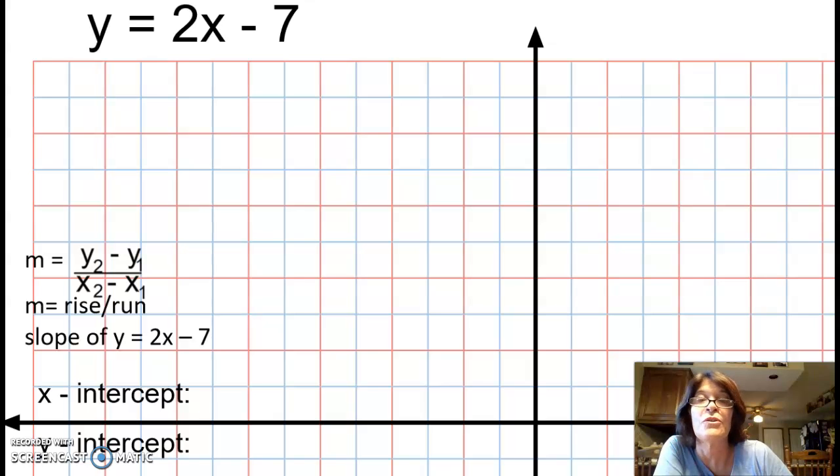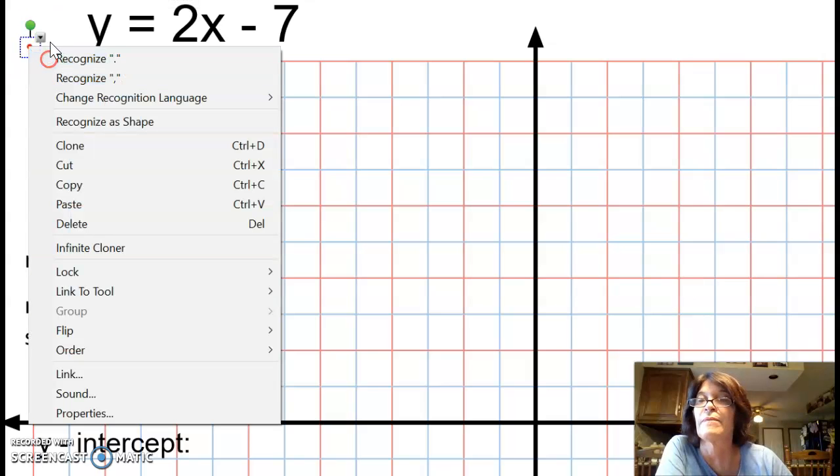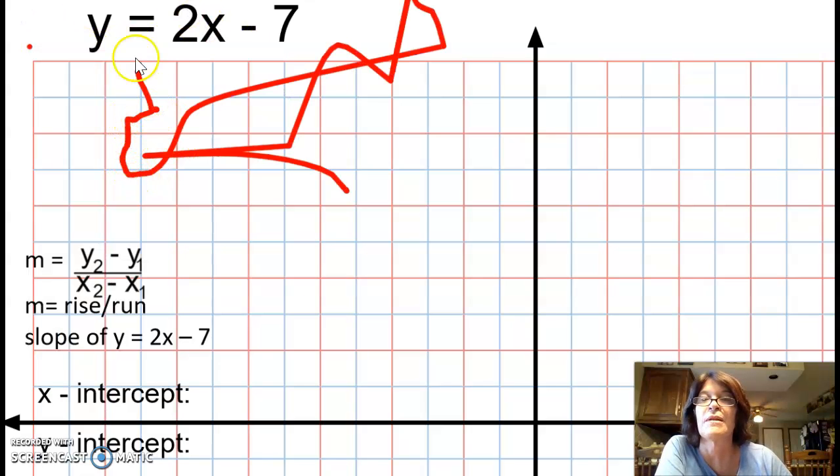So what we're going to do is make a little XY chart. Sorry, I'm having trouble with my pen here. We're going to make a little XY chart.